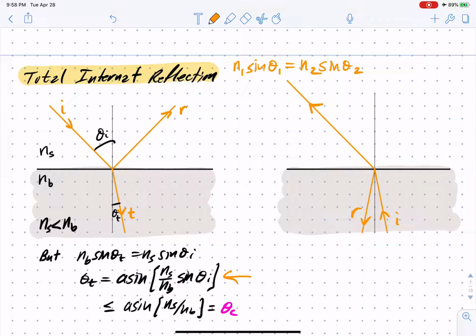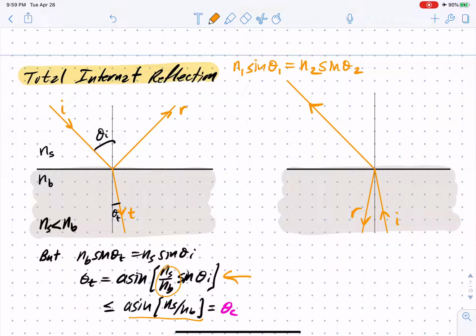Now the sine of that angle, theta I, is always less than 1. Sine of the angle goes between 0 and 1. So this transmitted angle has to be less than or equal to the inverse sine of just that ratio.